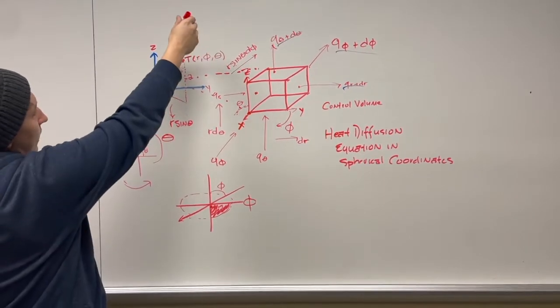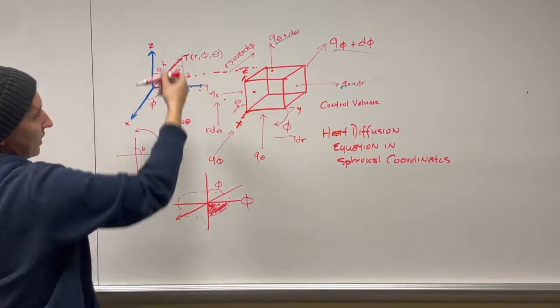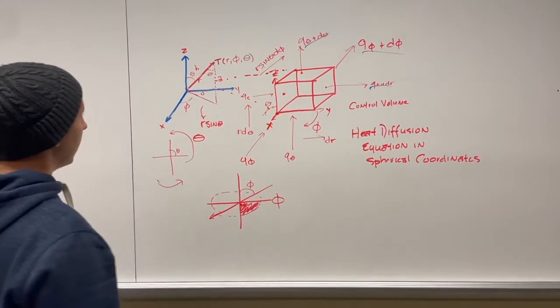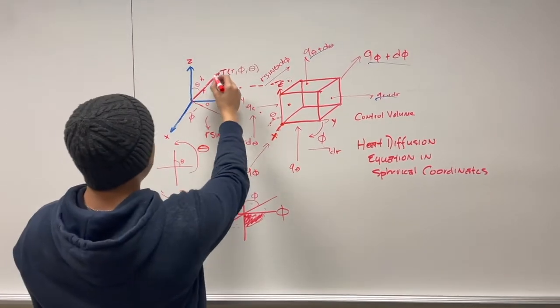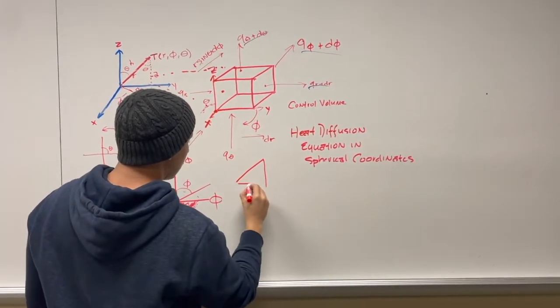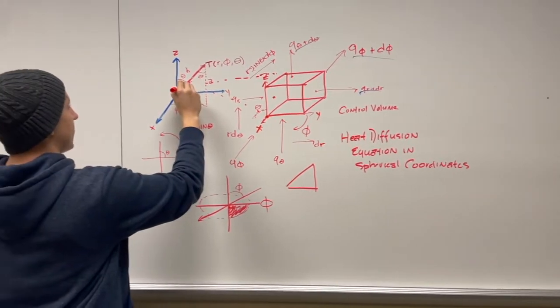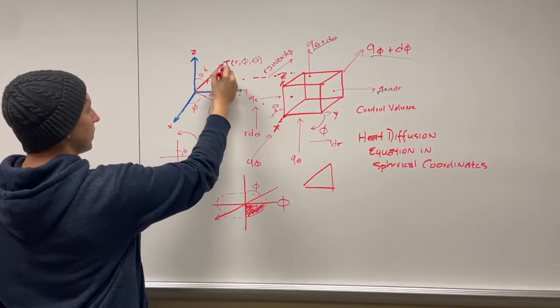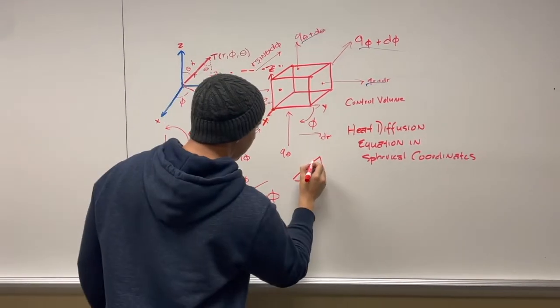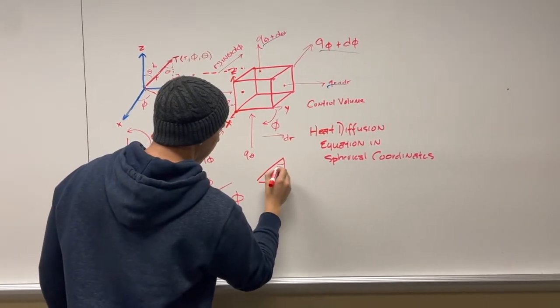Imagine a light source, and this would be the projection of it. Well, how is that actually defined here? If you have this triangle, let me just draw it over here, this angle right here is going to be complementary with that angle right there. So you're going to have this right here.